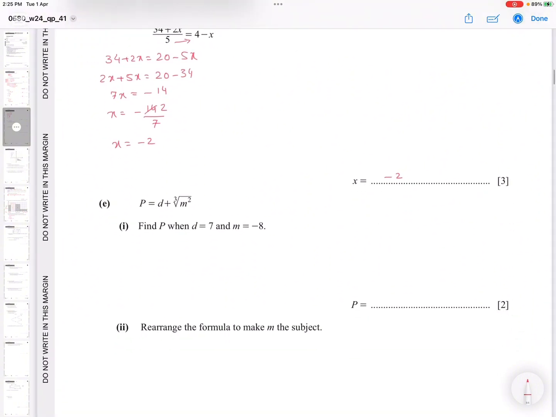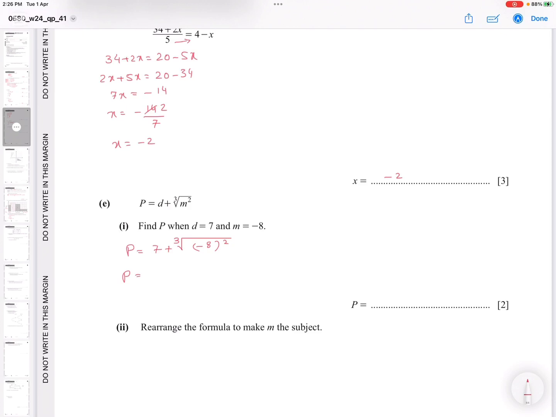Part E, part 1. p equals d plus cube root of m square. Find p when d is equal to 7 and m equals minus 8. Just place the values. p would remain p, d is 7 plus cube root of square of minus 8.